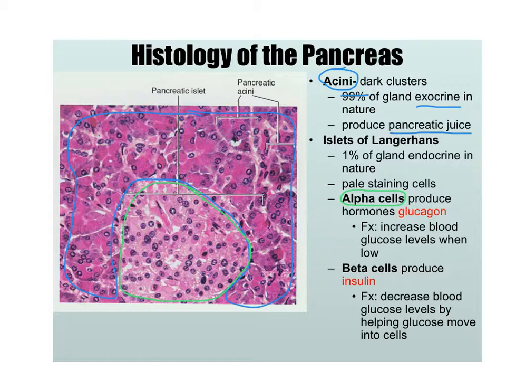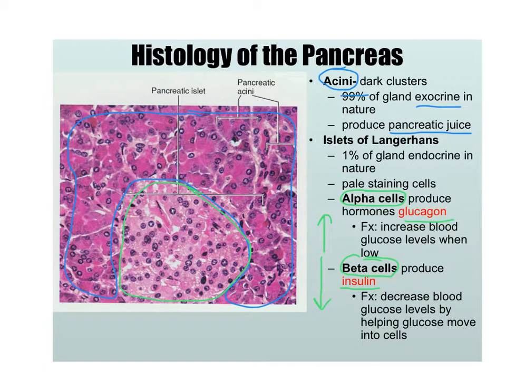When blood glucose gets too low, they release what's called glucagon, and that's going to cause the liver to convert glycogen into glucose, which will increase the level of glucose in the blood. Now the opposite of that is, if blood glucose gets too high, there are other cells called beta cells, which then secrete insulin, which is going to bring glucose levels down.